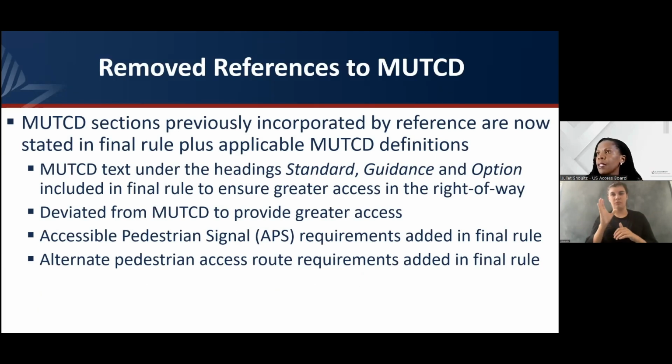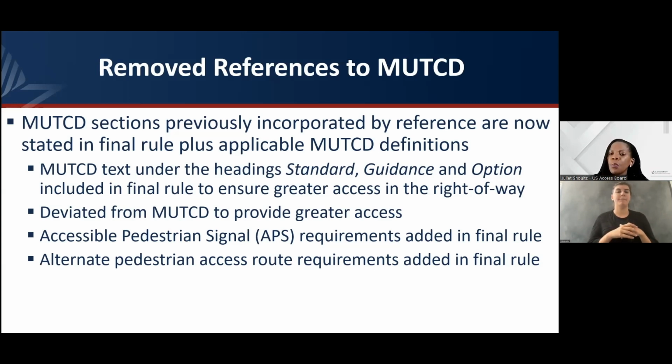So you'll find some of the MUTCD text under headings of standard, guidance, and option. You'll find some of that included in the final rule to ensure greater access in the right-of-way. We also included applicable definitions from the MUTCD. We did deviate from MUTCD to provide greater access, and I'll talk about where we did that.